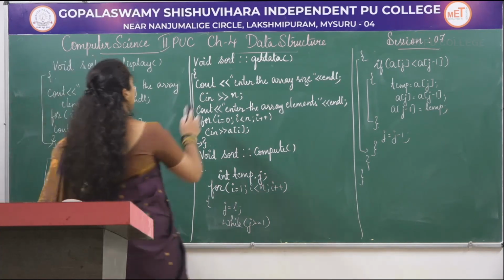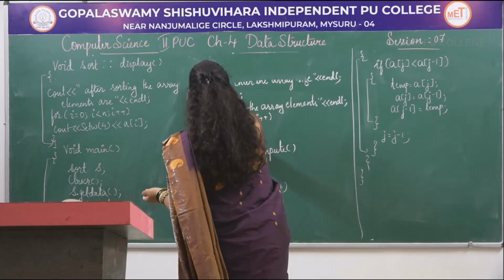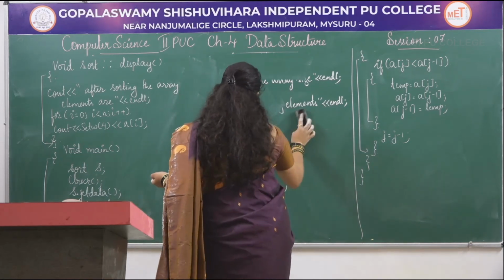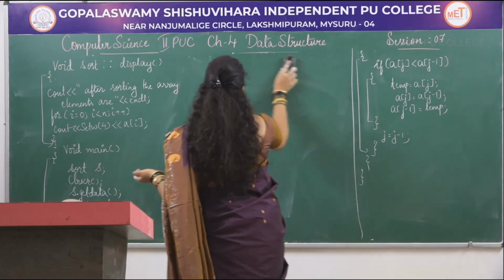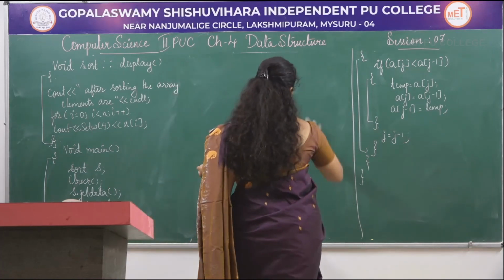So now let's write the output for this program. What will be the output? First it calls the getData function. In the getData function we have accepted the array size as well as the array elements.